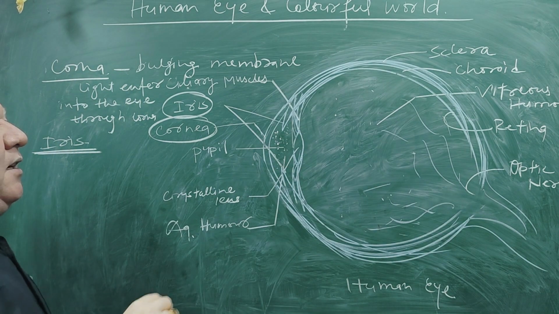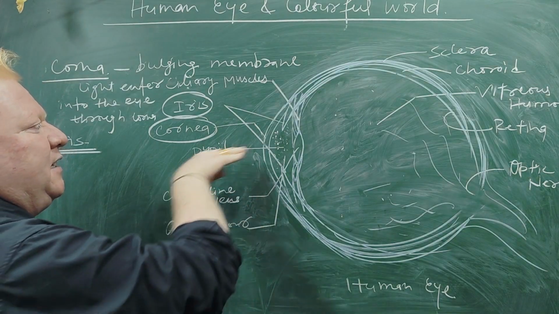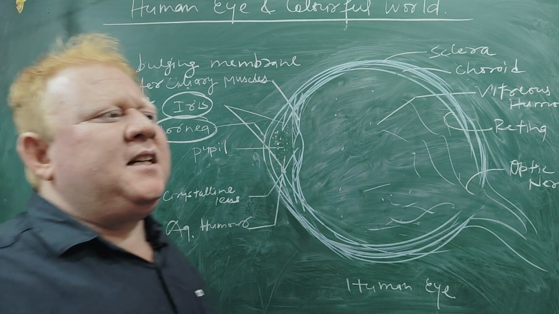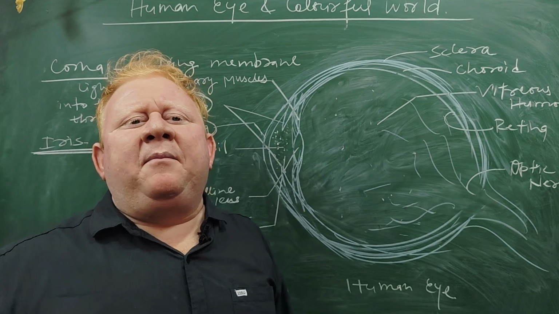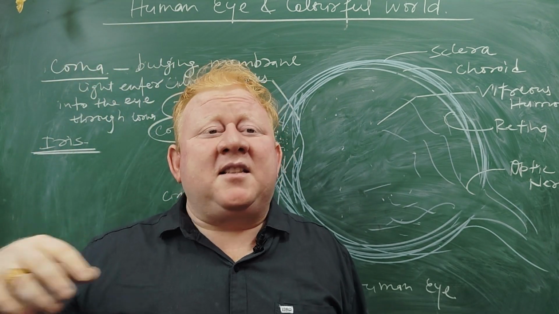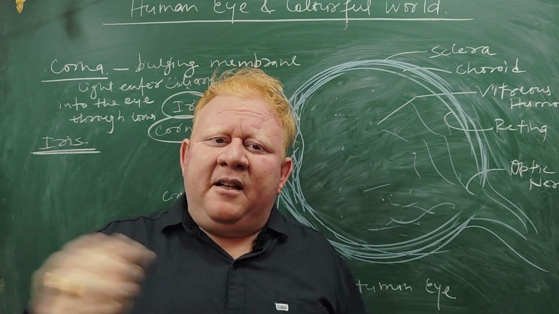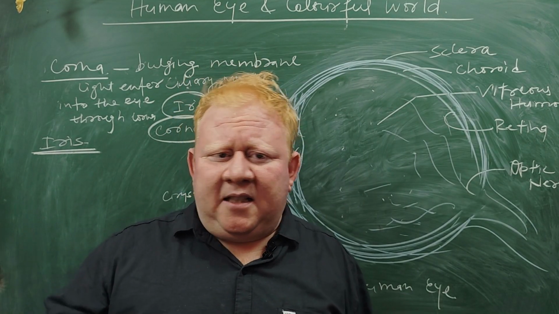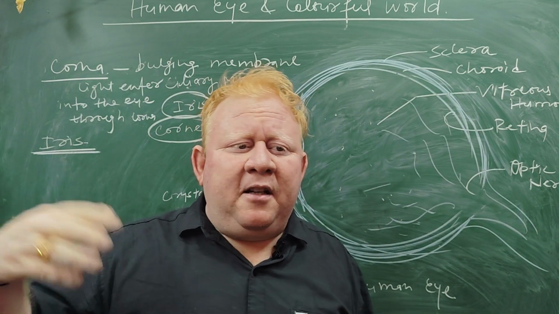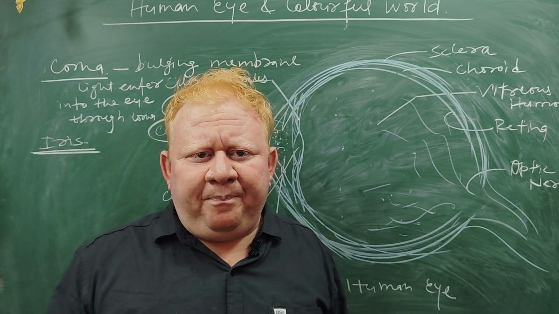So what is this pupil? Iris is a circular diaphragm with a central hole, and this central hole is called the pupil. You might have seen, after coming back from assembly outside, especially on hot summer days, that when you come back to your class, things are not visible clearly.